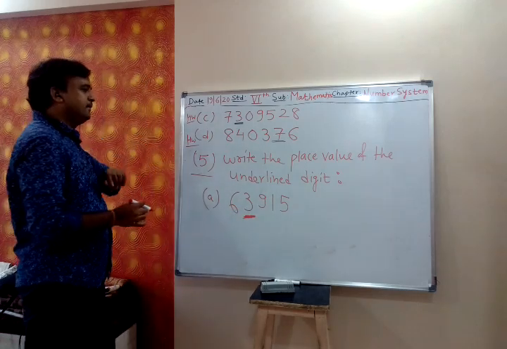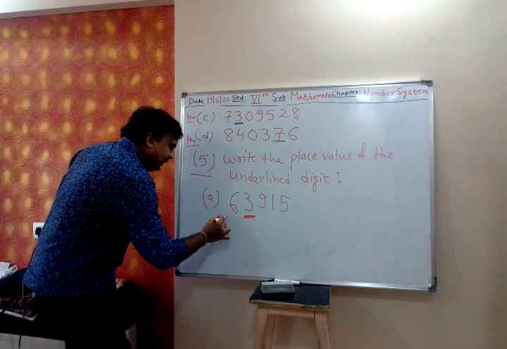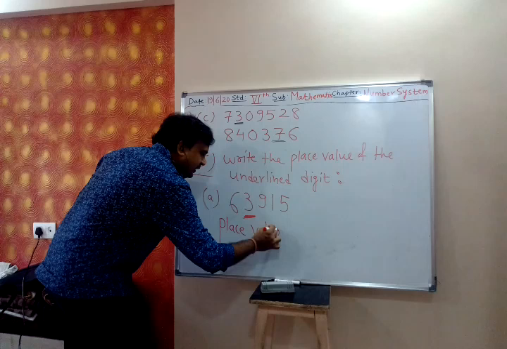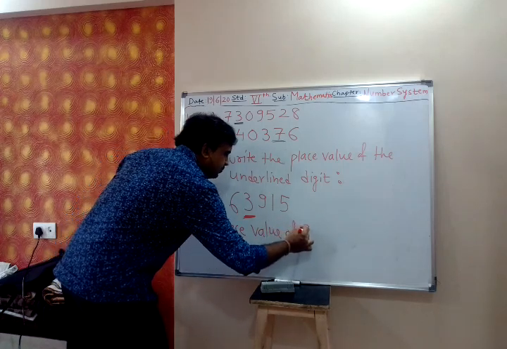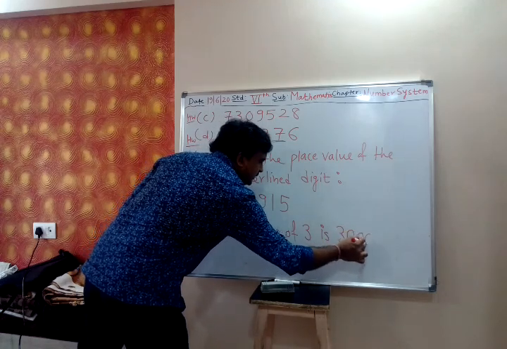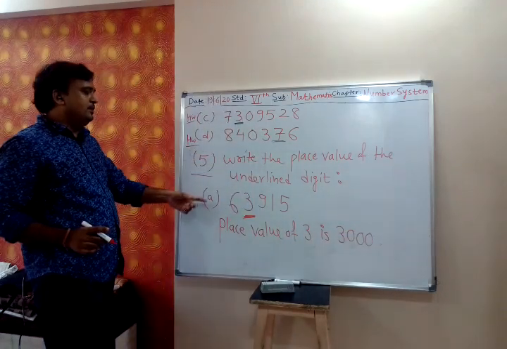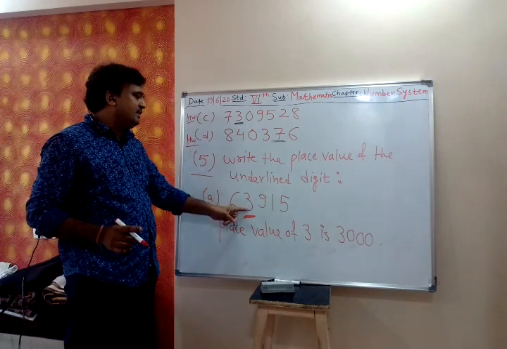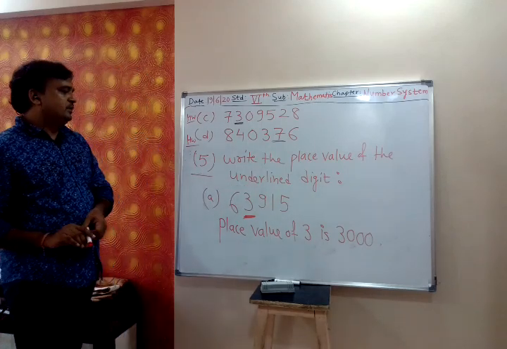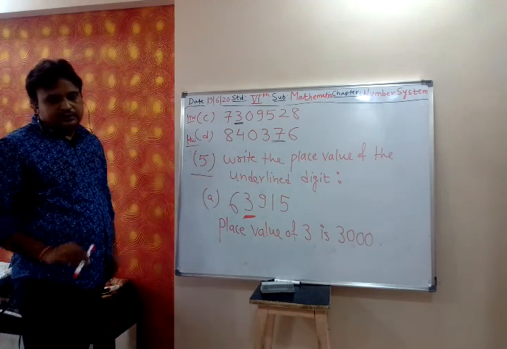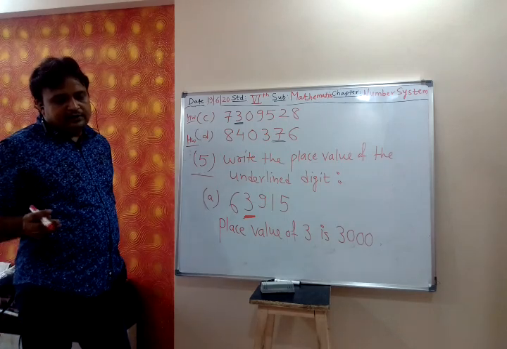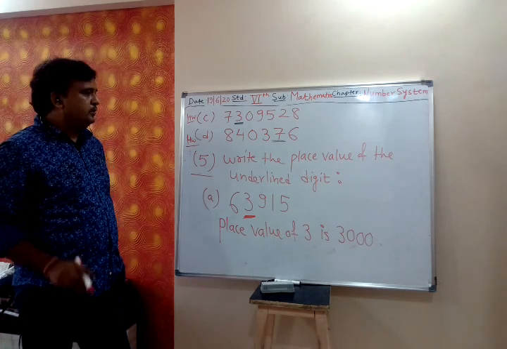Place value of 3, now I will write 3000. Earlier it was, what is the place? So for place we write thousands, but place value is 3000. In place value we write 0 also.